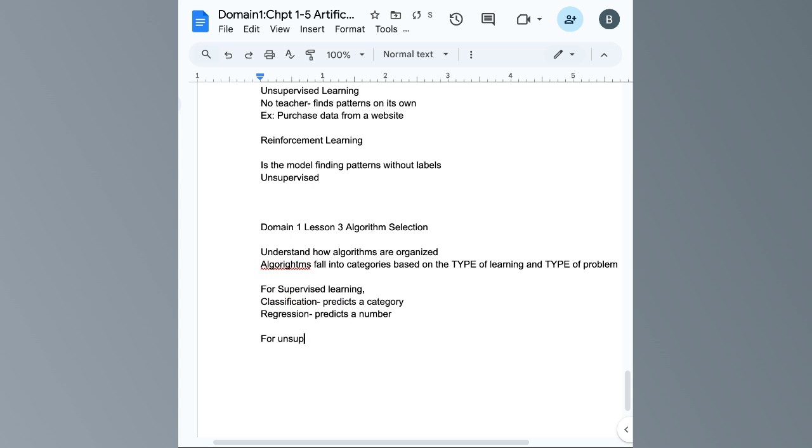For unsupervised learning, the main problem type is clustering, finding groups in data.